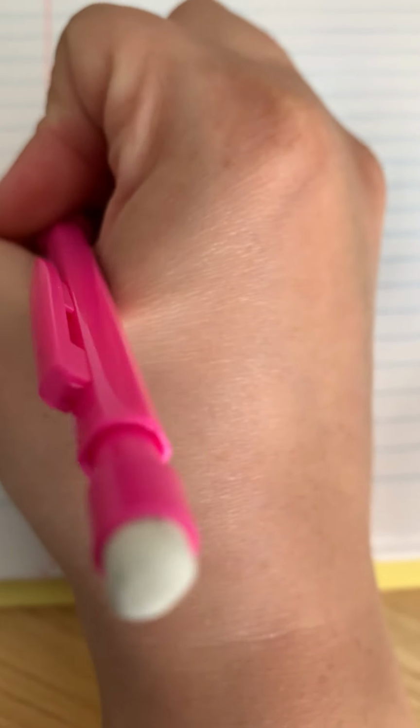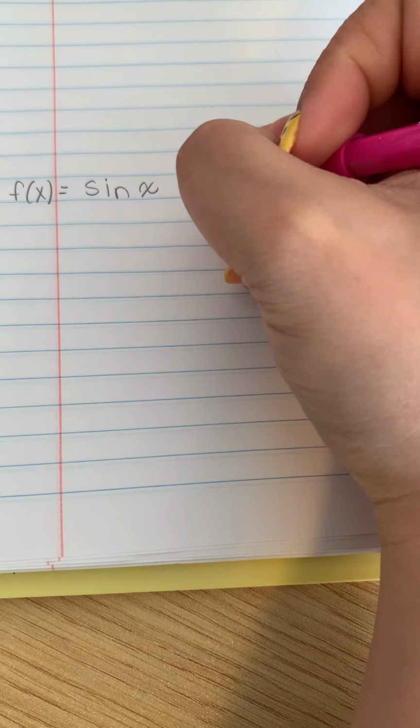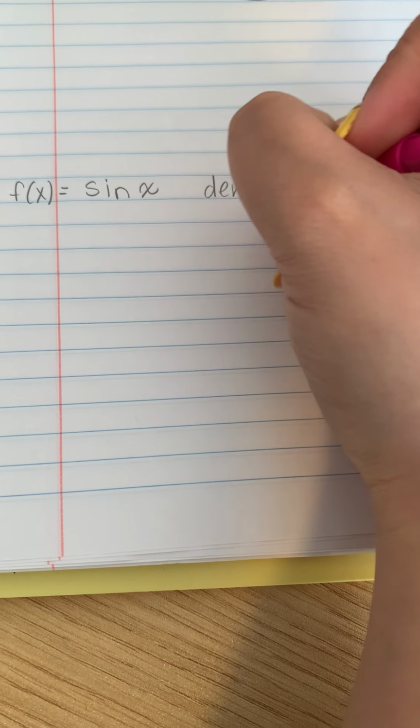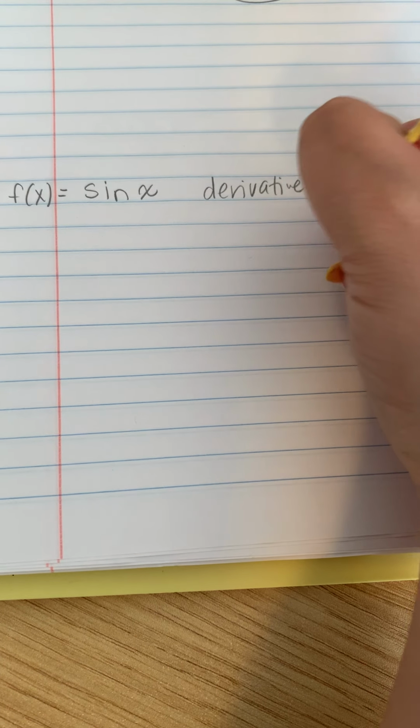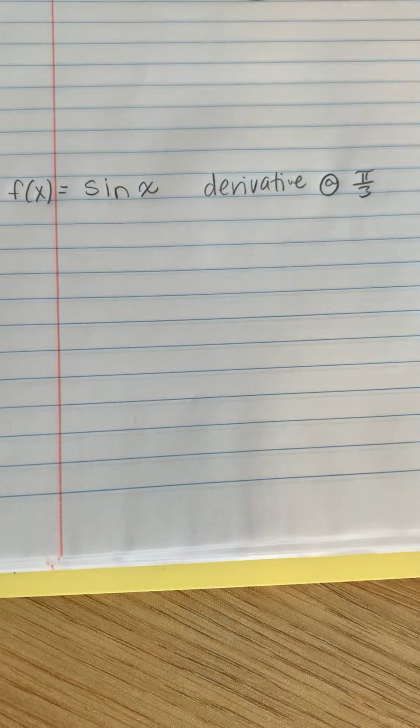So that's my function, and I want to know the derivative at pi over 3. That is what it's asking.